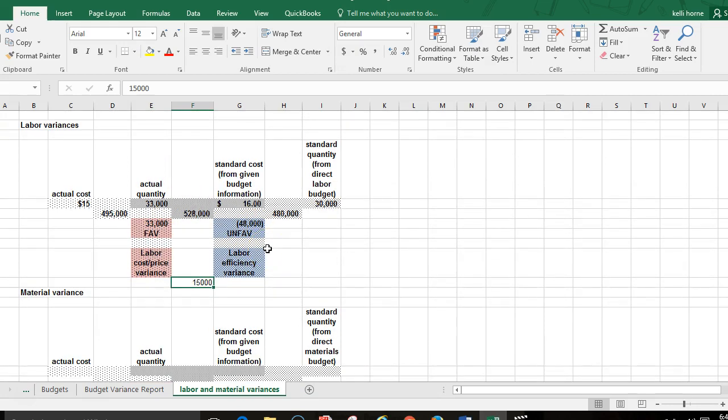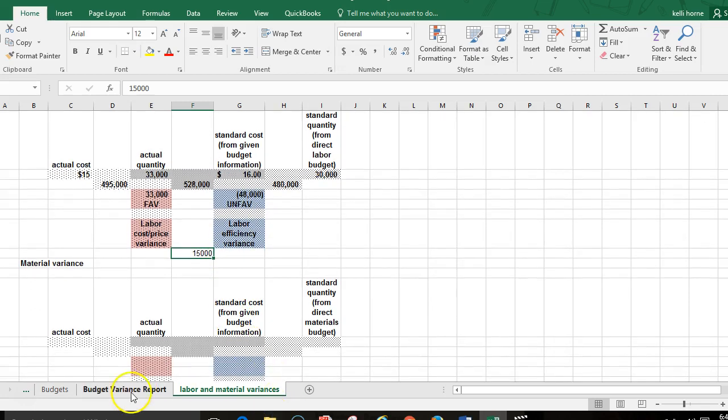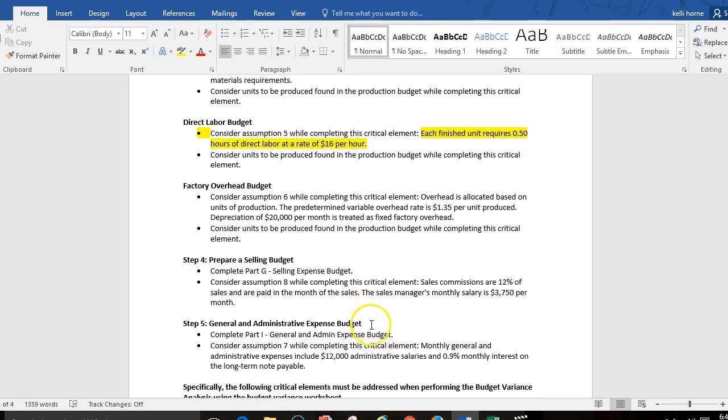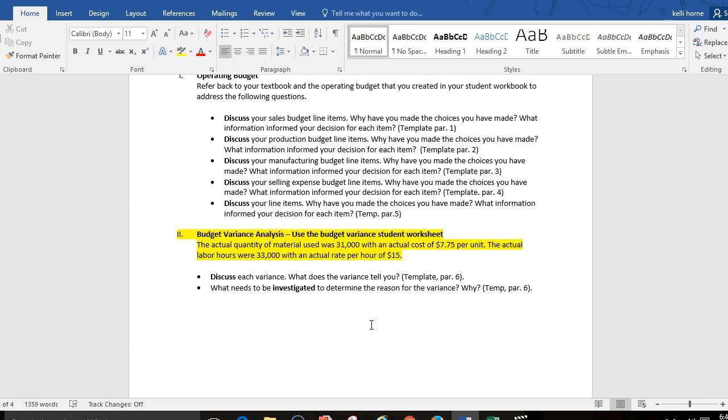I hope this has been helpful to you. One more thing: when you write that last paragraph and you talk about this variance, let's see, discuss each variance. What does the variance tell you? Well, in the first one, you'll talk a little bit about the labor variance.